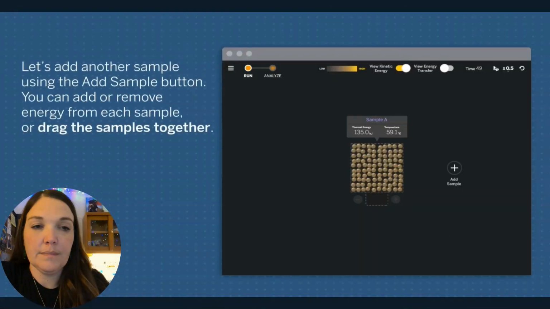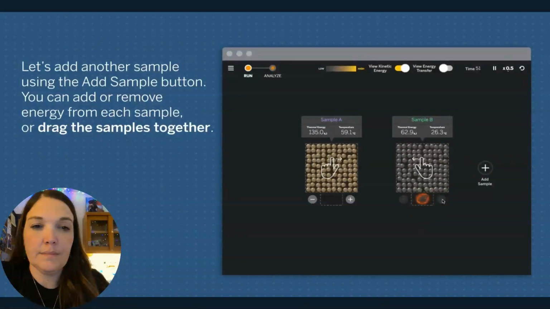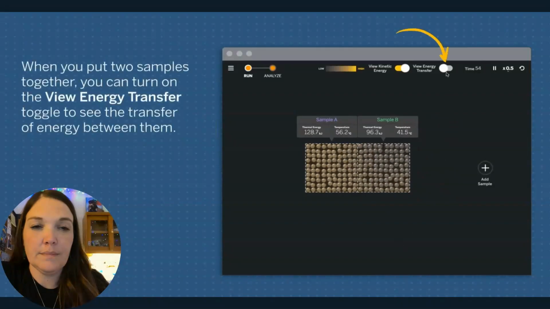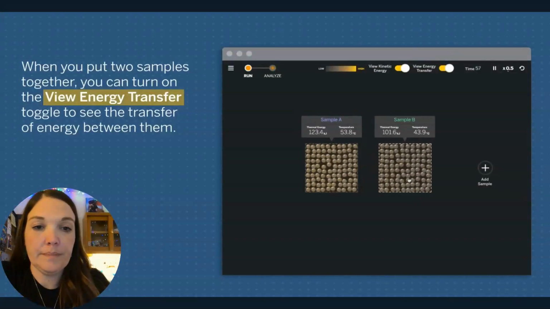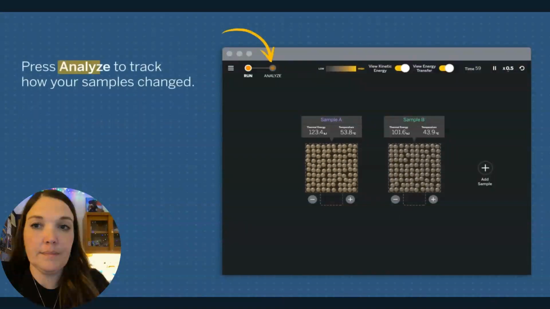Let's add another sample using the Add Sample button. You can add or remove energy from each sample, or drag the samples together. When you put two samples together, you can turn on the View Energy Transfer toggle to see the transfer of energy between them. Press Analyze to track how your samples changed.